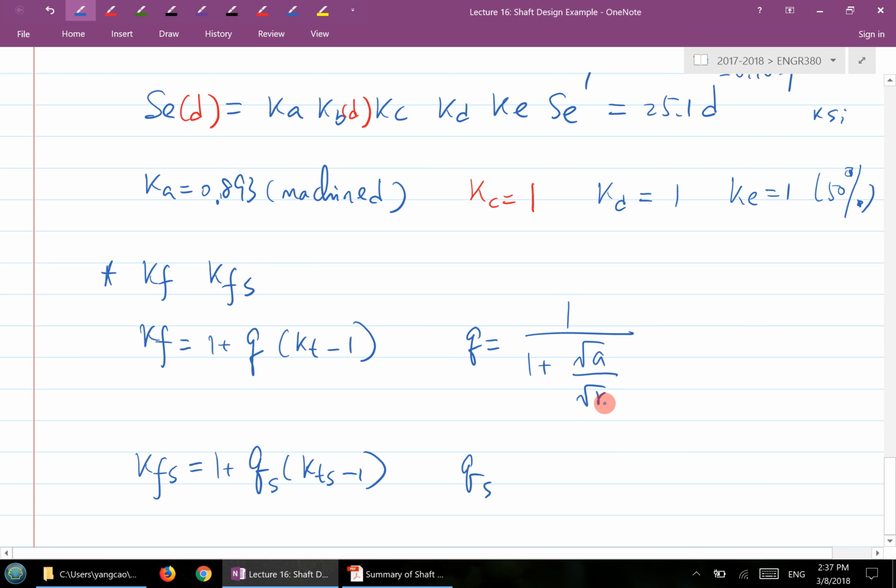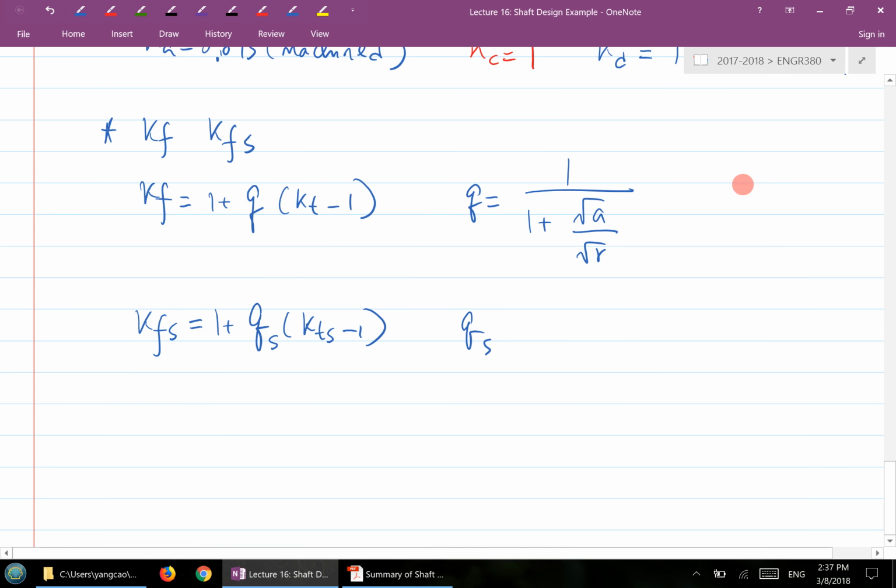So what you can do is assume a conservative fillet radius r, or notch radius. Conservative basically means a small number, so we can assume a small number, 0.01.